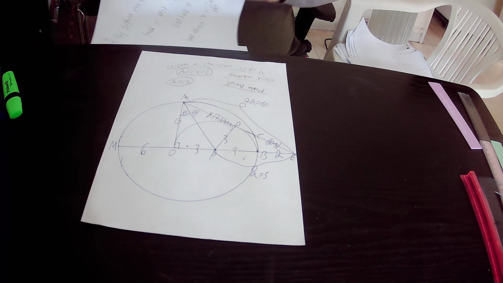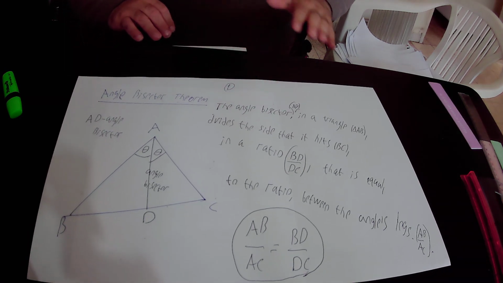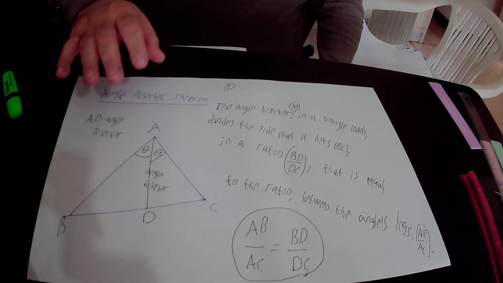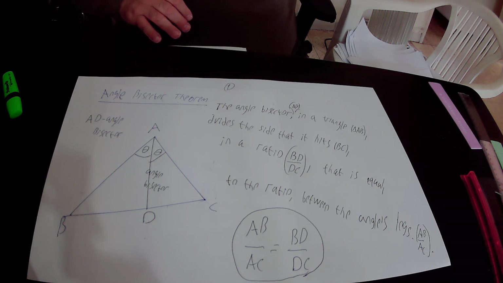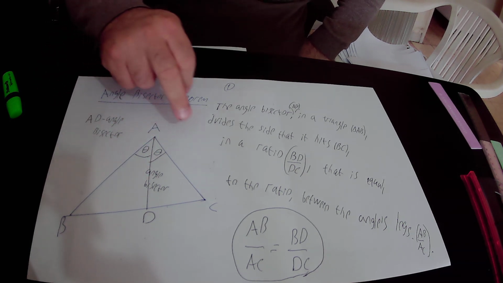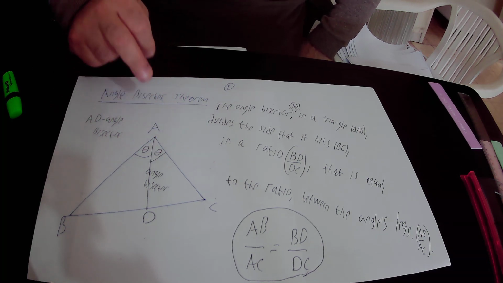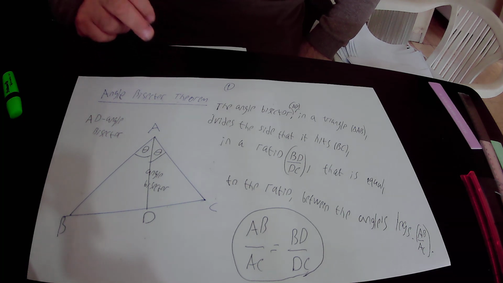So what is the angle bisector theorem? If we have this triangle ABC, which could be any triangle, and line segment AD divides angle BAC into two halves, each half equals theta, therefore AD is defined as the angle bisector of triangle ABC.